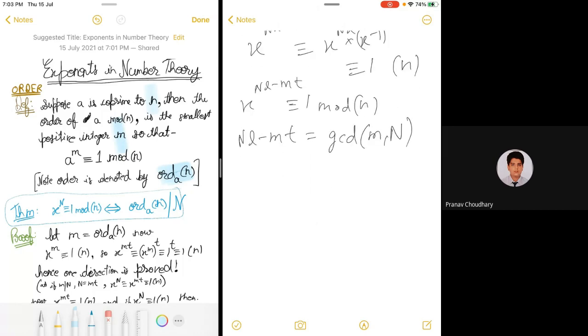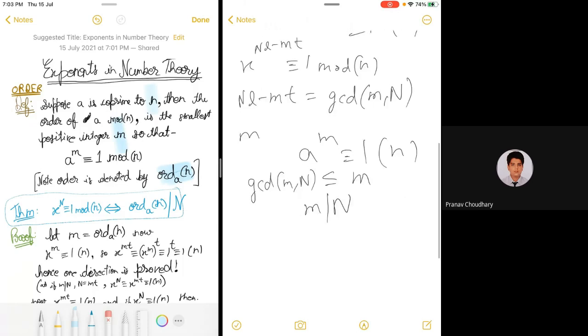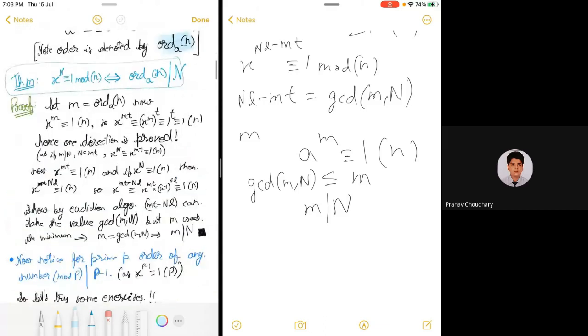But m was by definition the smallest integer such that a to the m is congruent to 1 modulo n. But the GCD of m and capital N is less than or equal to m. That means equality must hold and m divides N. So we have proved this fundamental theorem of orders. So is this proof clear?